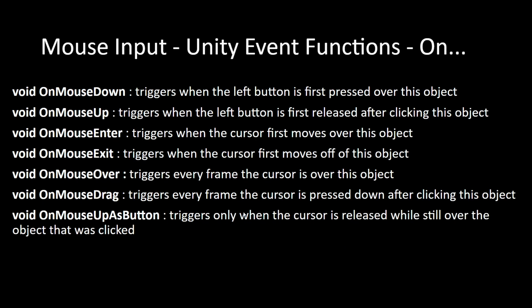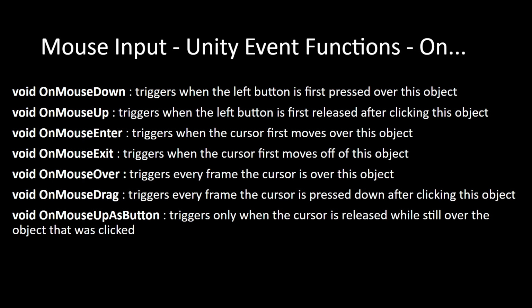But there is an alternate, different way. Unity has event functions, just like we have update and start. We start to get into the event functions, where you might have an on mouse down event, which is when the left button is pressed over a certain object.